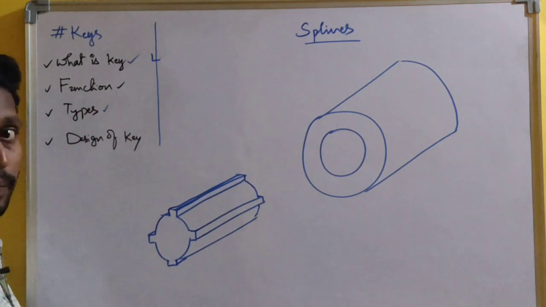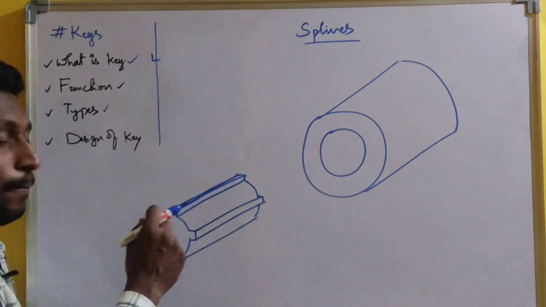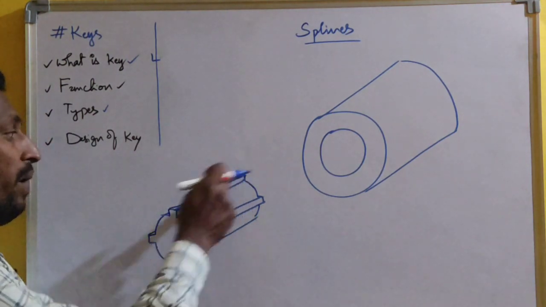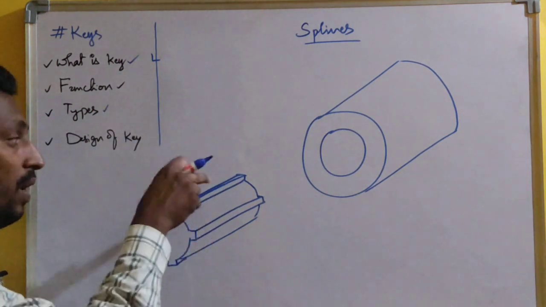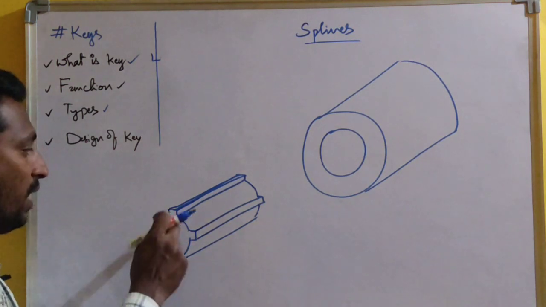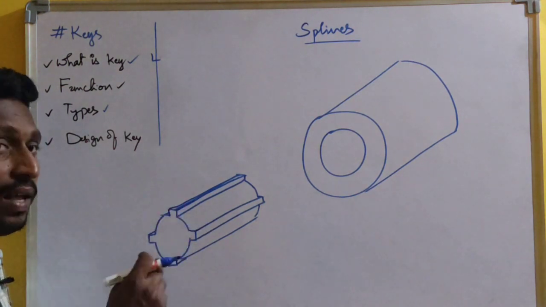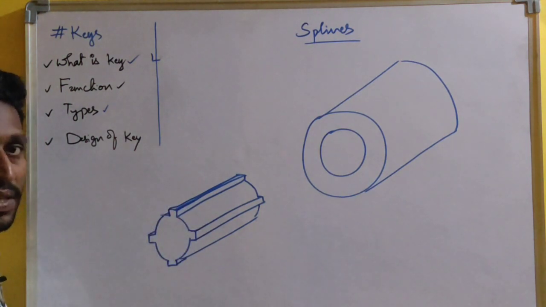You can observe that in the previous case, on the solid shaft we made a rectangular slot and inserted the rectangular key in it. But here we have four keys on the shaft surface.